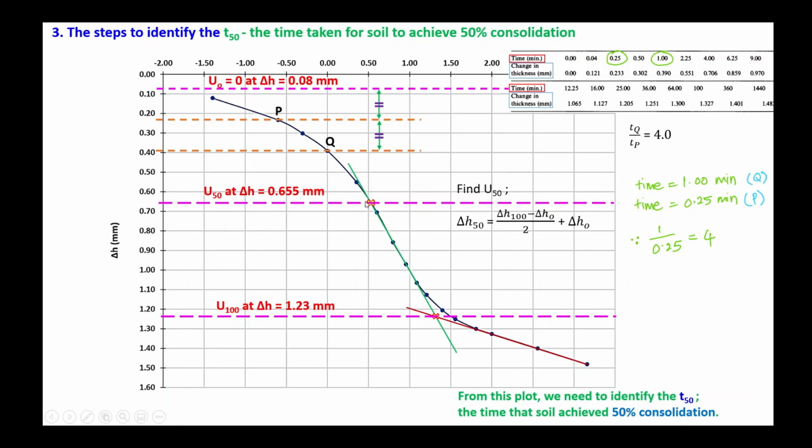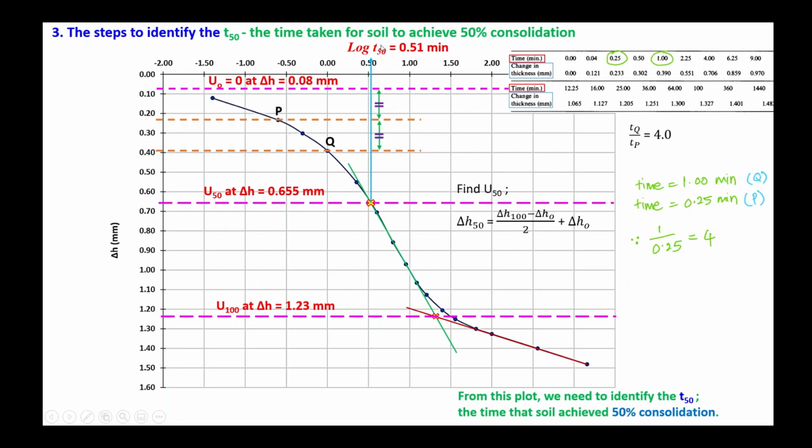There is an intersection point between the pink line and the curve that we plotted. From the intersection point, go up and read the value on the x-axis. It is around 0.51 minutes.